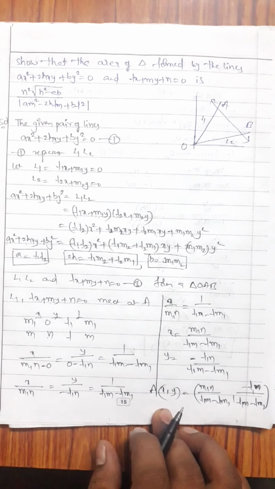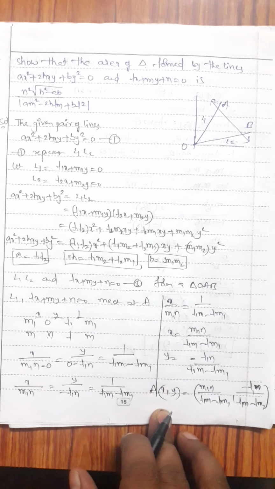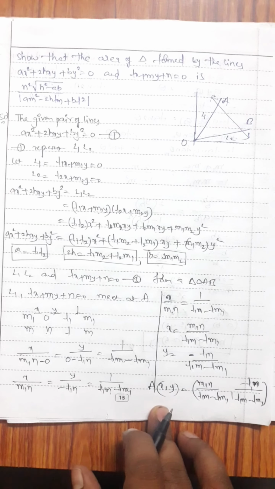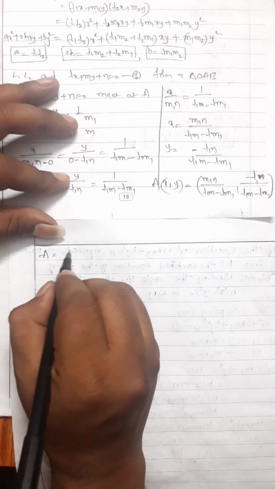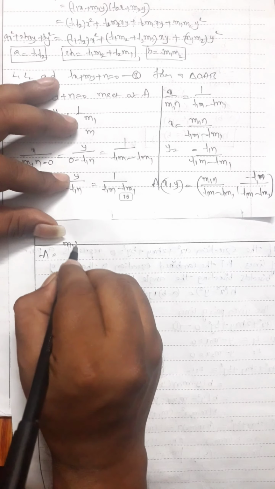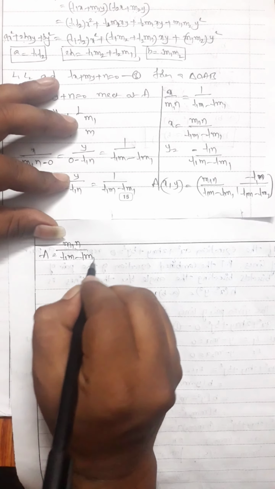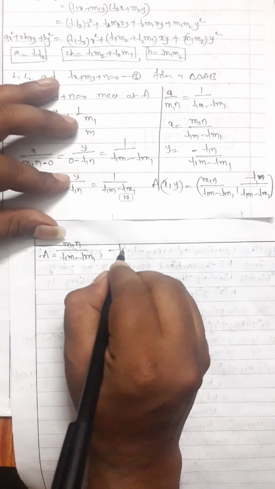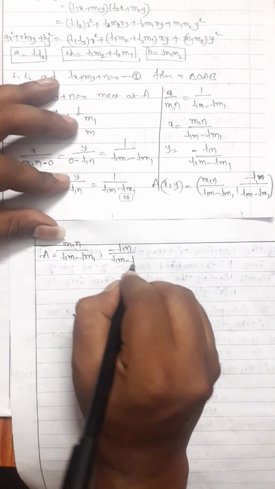So similarly, if you solve the L2 and the line Lx plus my plus n is equal to 0, we get the point B. So therefore, the point B must be in the form of like this. We got here A is equal to m1 n by l1 m minus lm1 comma minus l1 n by l1 m minus lm1.